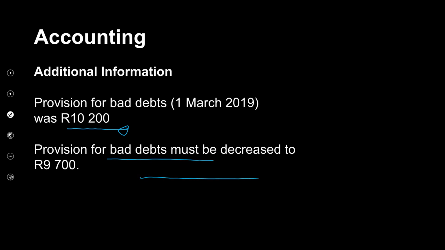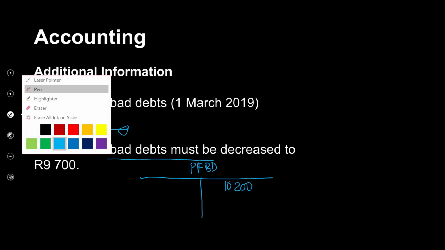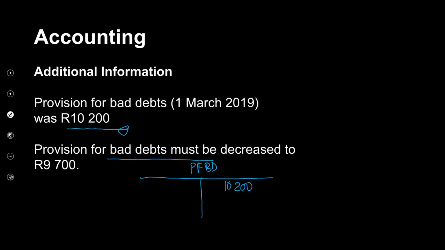Once again, watch this here. Simplest way of doing it, your current provision is 10,200, right? We know that provision for bad debts is a negative asset with a credit balance. What must your new provision be? Your new provision must be 9,700.